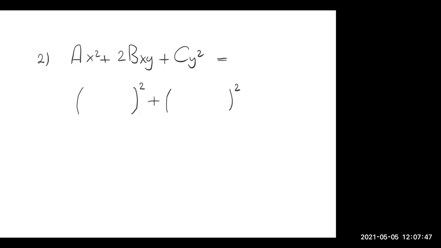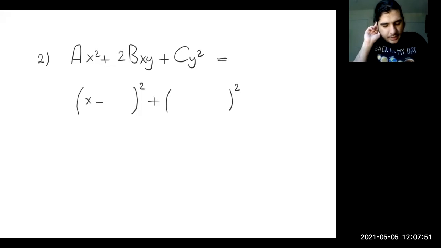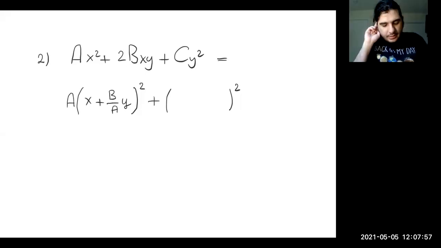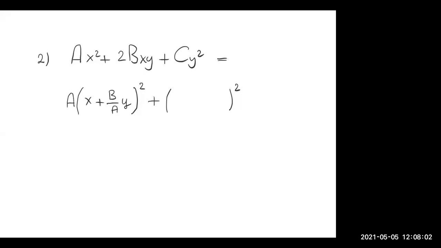In the first one is x plus b over a y, and then outside is an a, so that takes care of the first two terms, and then you have a second term that I haven't calculated yet.